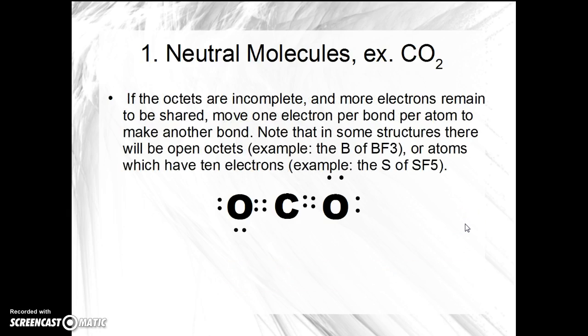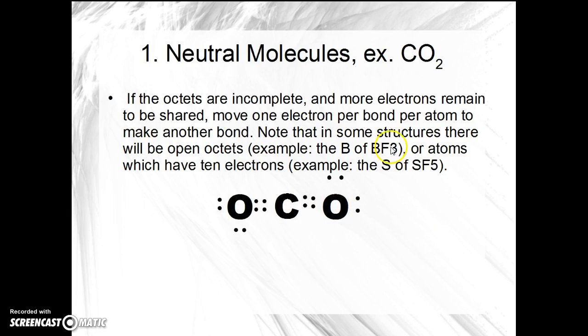If the octets are incomplete and more electrons remain to be shared, we will move 1 electron per bond per atom to make another bond. And so that's what we've done here. We've taken the extra electron here and here and put it between the carbon and oxygen. And we've taken the extra electron here and here and put it between the carbon and oxygen here, making double bonds.